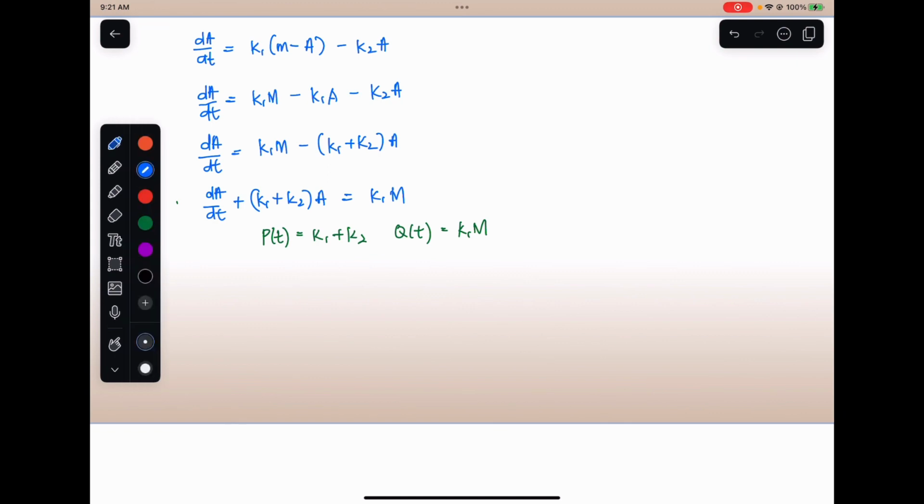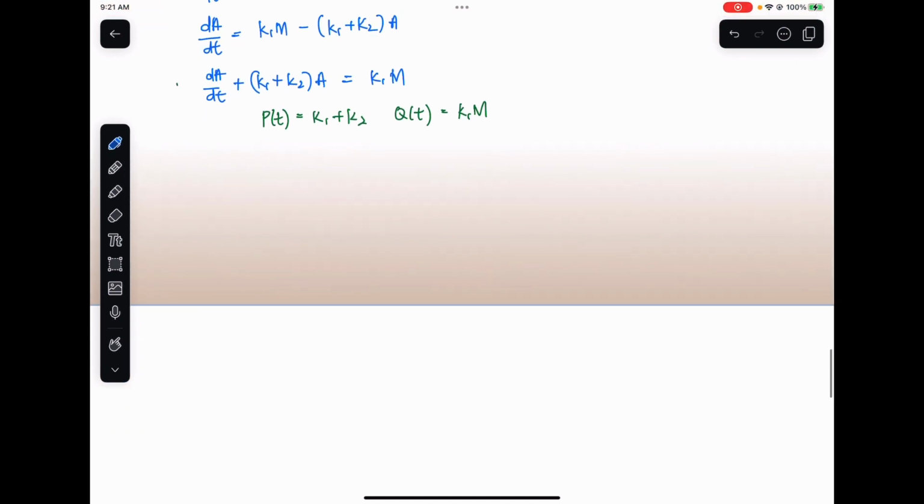Therefore, we use our formula for solving the integrating factor, that is e raised to the integral of P of t dt, so e to the integral of K1 plus K2 dt.